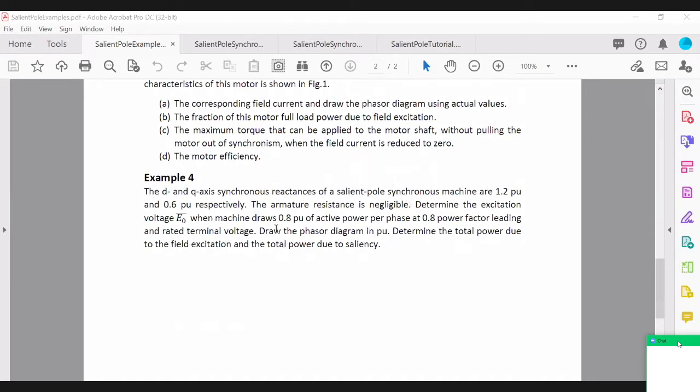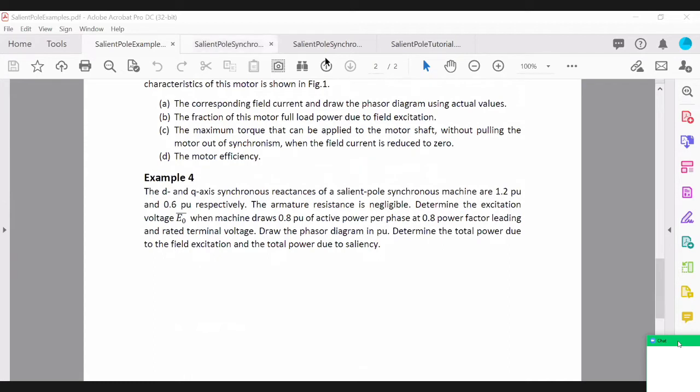It's also operating at rated terminal voltage. Using the data provided, we will draw the phasor diagram in per unit, and work out the total power that is due to the field excitation and also due to the saliency.